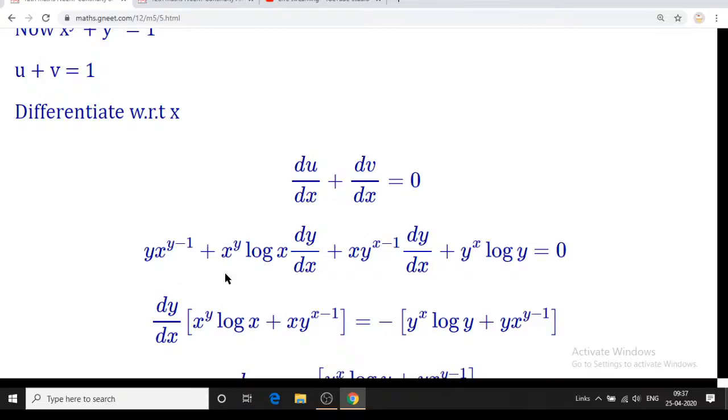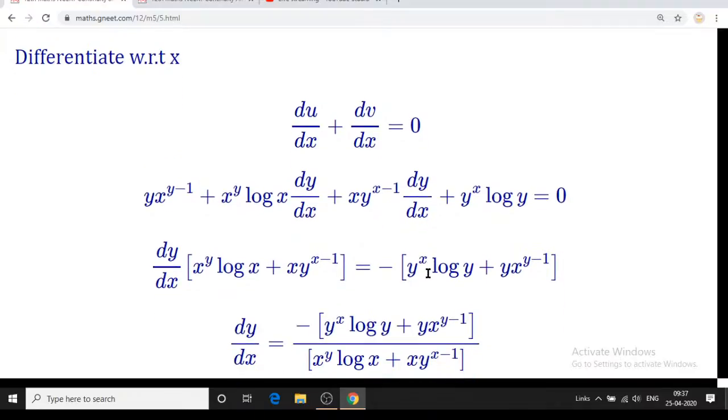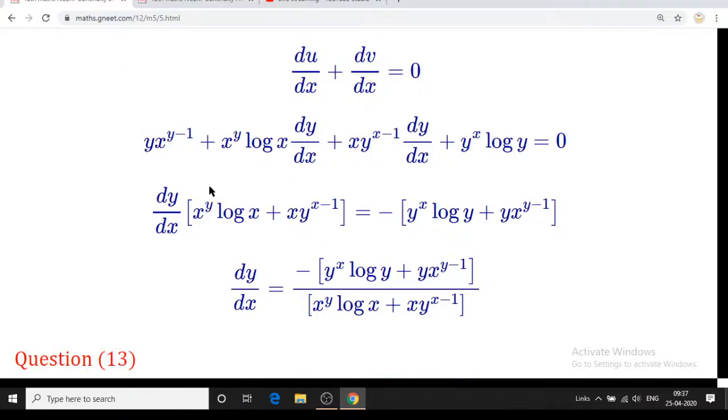But in du by dx, in that case we have a term of dy by dx, and in dv by dx also we have a term of dy by dx, and we need to find the answer for dy by dx. For this we have to simplify further, because we will try to collect the terms of dy by dx on one side and the remaining terms on the other side, so that we can get the value of dy by dx.